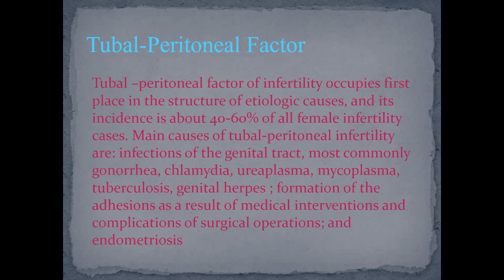All the conditions that lead to the development of adhesions in the cavity of the fallopian tubes or outside in the pelvic cavity, and that make the deformation of the fallopian tubes, are the causes for the tubal peritoneal factor.